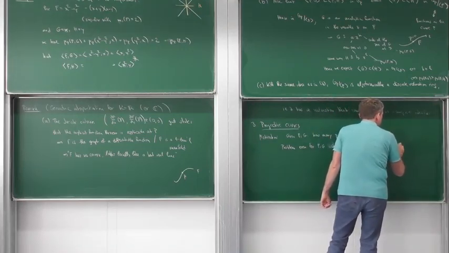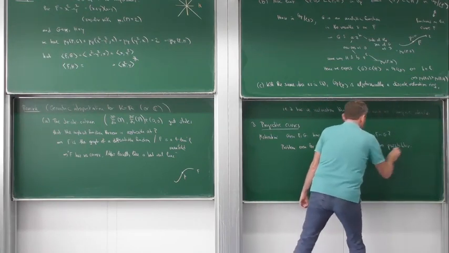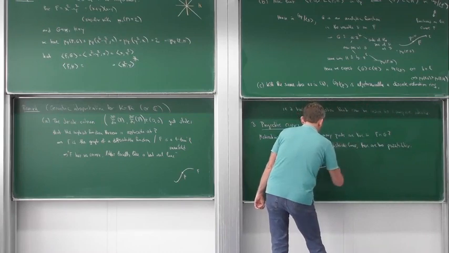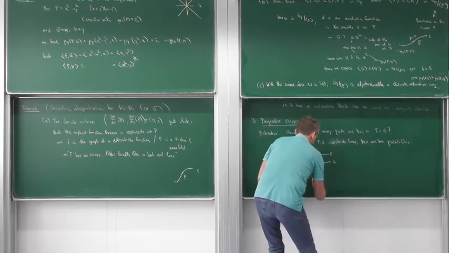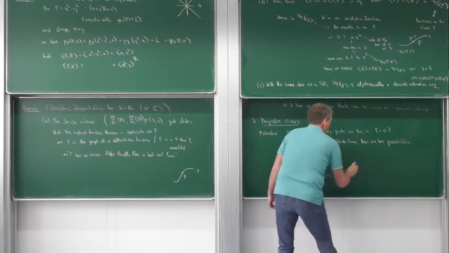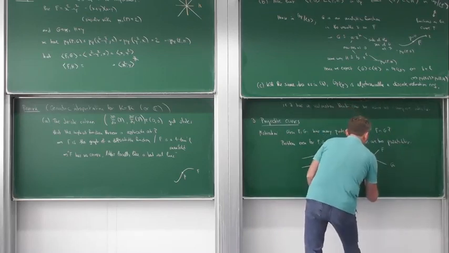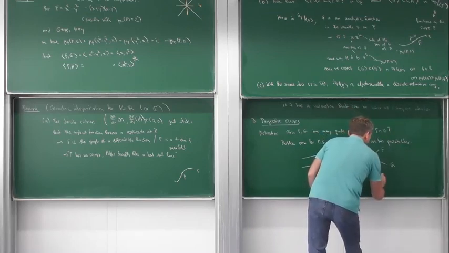Namely, they could be parallel, so one is just the shift of the other, so you could have f and g, and then we have no point in f intersect g. Or they could not be parallel, and in any other case you would have exactly one point in f intersect g.